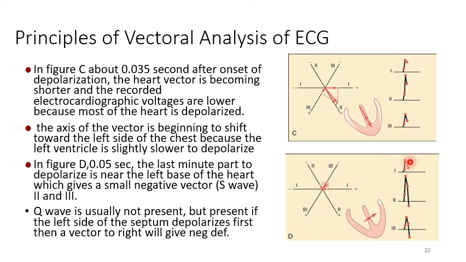So we are still going down, but we still have a positive deflection in lead 1. In lead 2, it is small, but it is negative, because it's in the negative part of the axis. So we are having a negative or lower deflection.